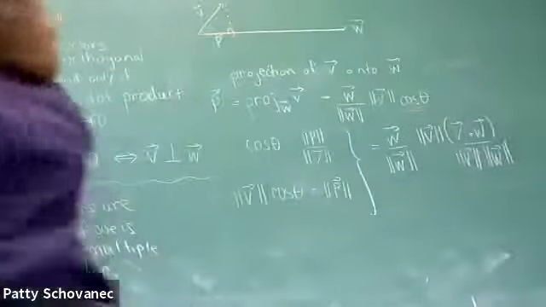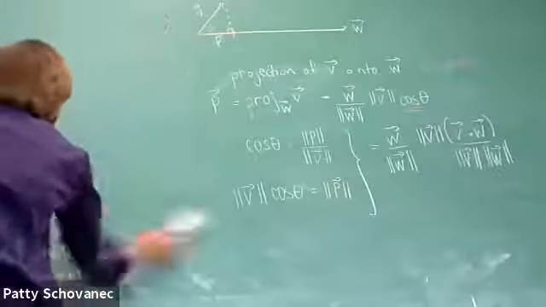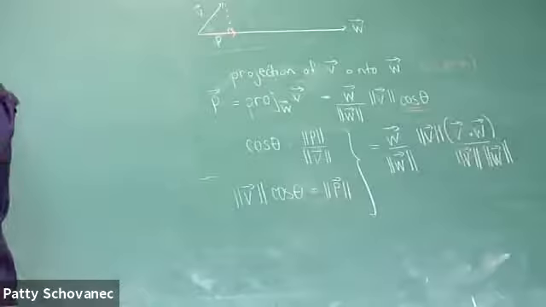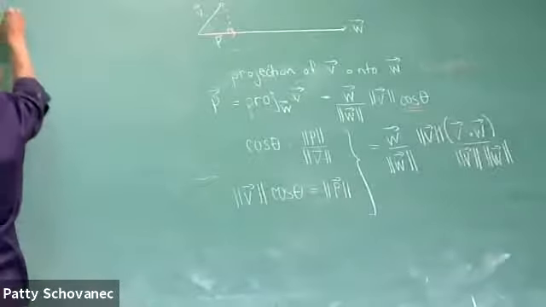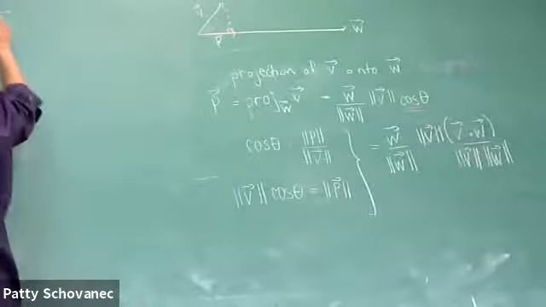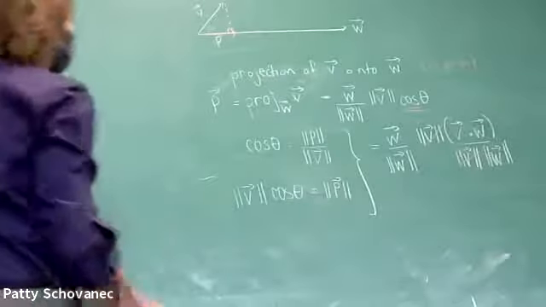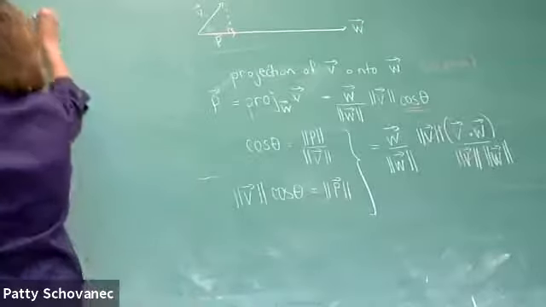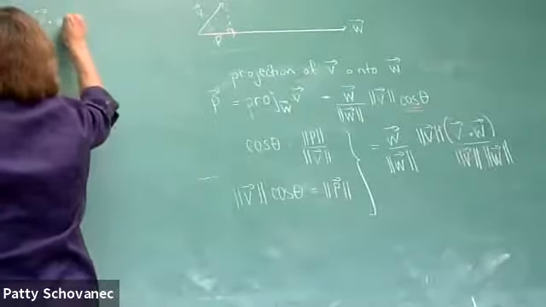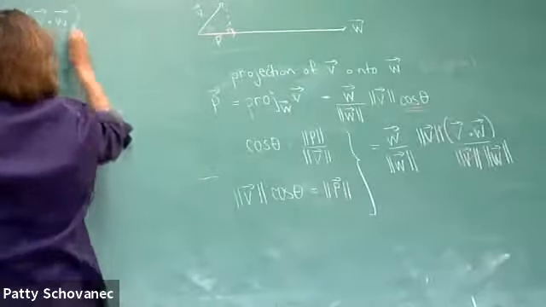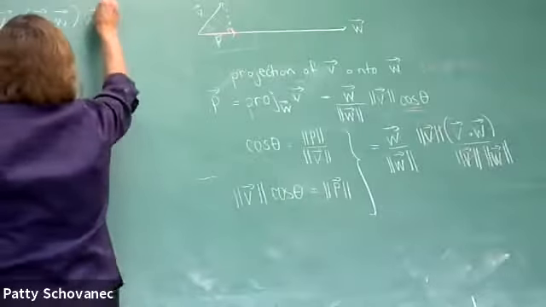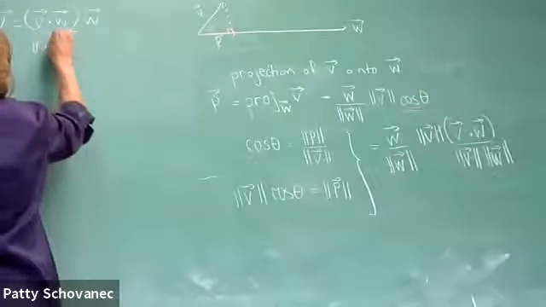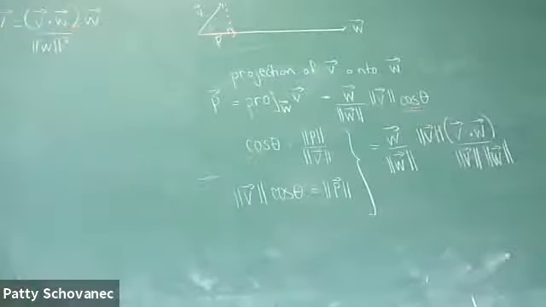So my final formula looks like this. The projection of vector V onto vector W is equal to V dot W as a scalar, that scalar, times vector W, and then it's divided by the magnitude of W squared.